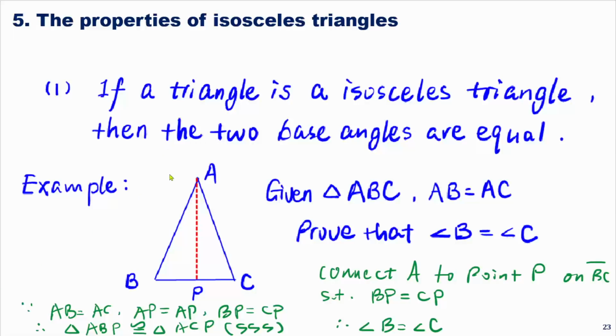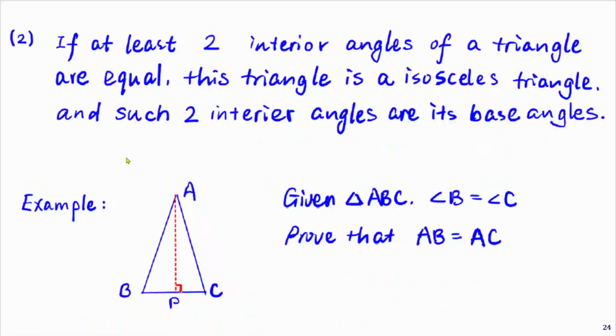Okay. If no questions, let's see the second one, which means if at least two interior angles of a triangle are equal, this triangle is an isosceles triangle, and such two interior angles are its base angles. Well, also we can actually prove this property. For example, given triangle ABC here, and angle B equals angle C, can we prove AB equals AC?